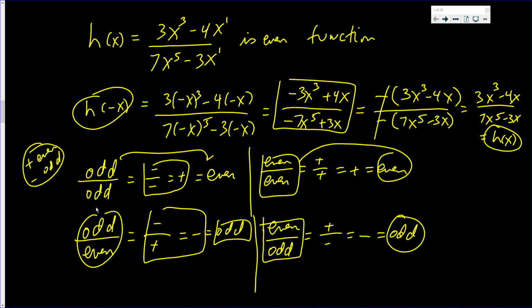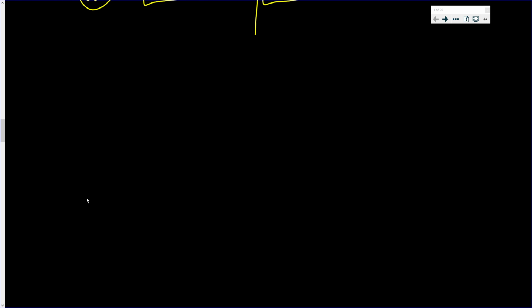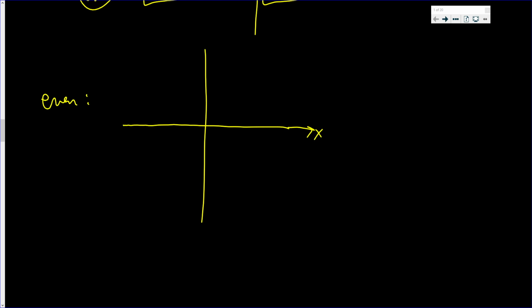Now, let us talk about how, in knowing that a function is even, can tell us how to graph literally half the graph. If I were to tell you that for x being positive, the function f of x goes like that.